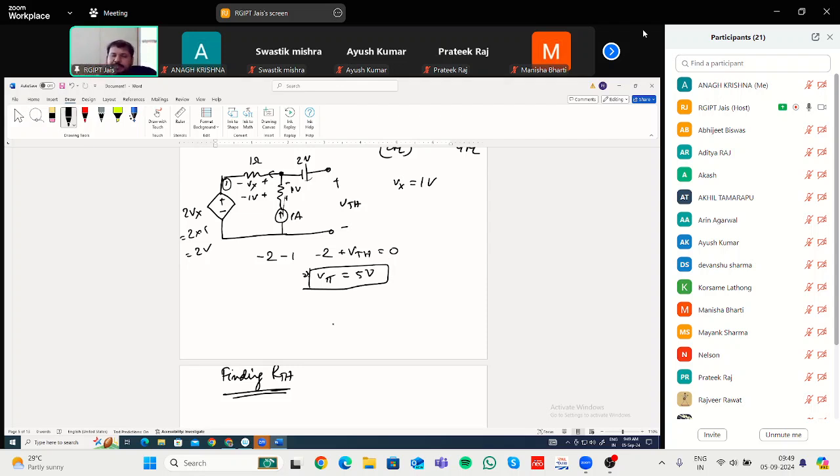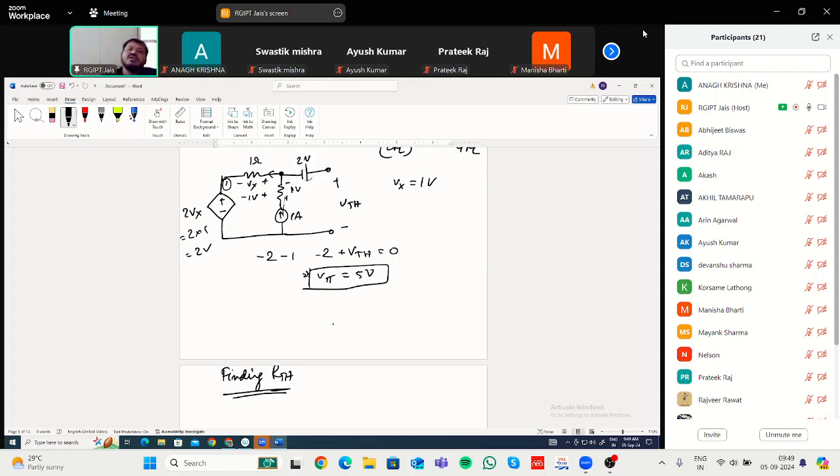Yeah, it's okay. But when there is a dependent source, and you are removing the sources, then finding out the actual value of the dependent source, how it is behaving in the circuit, becomes very difficult. Because you have removed all the sources, and a dependent source always depends on some other voltage or current. You have removed the sources, so no voltage, no current will be flowing through the circuit.